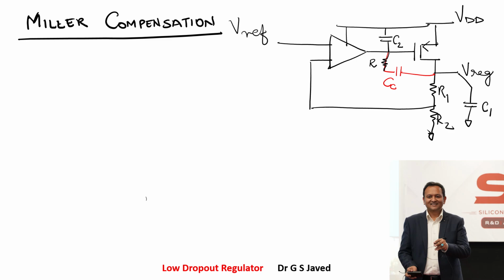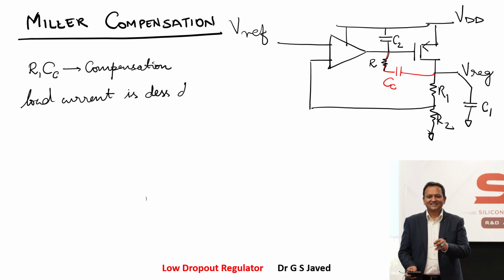So now these two, R and Cc, will act like your compensation circuit to ensure that the load current is less dependent on the feedback system.